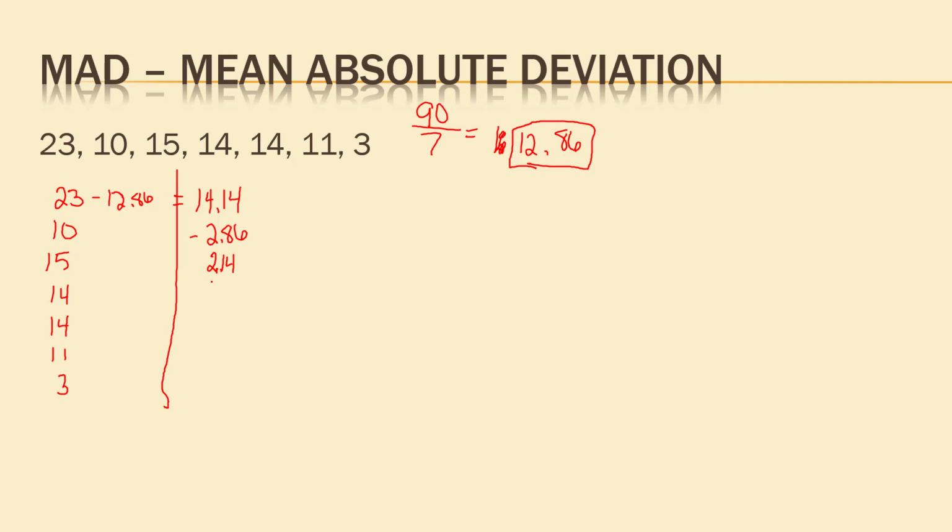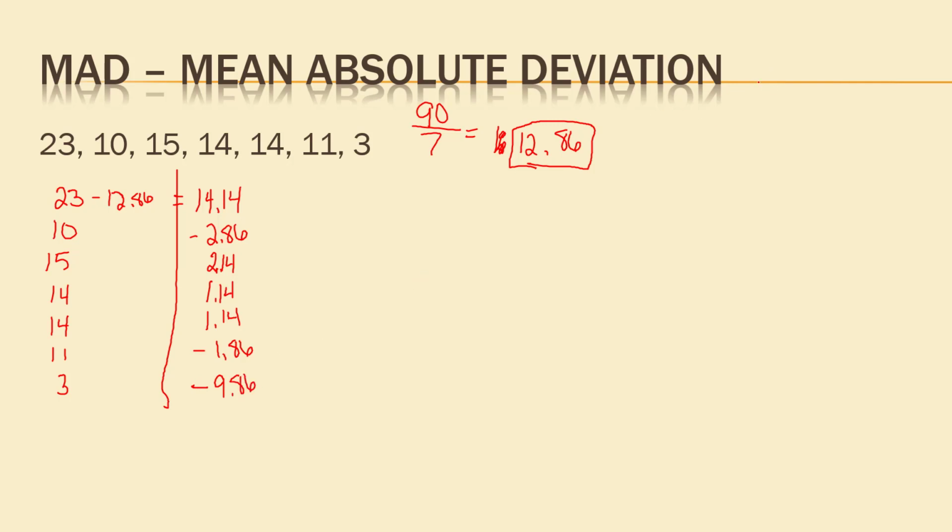Yep, gives me a 1.14. Well, we have another one of those. 11 minus 12.86 gives me a negative 1.86. 3 minus 12.86 gives me a negative 9.86.